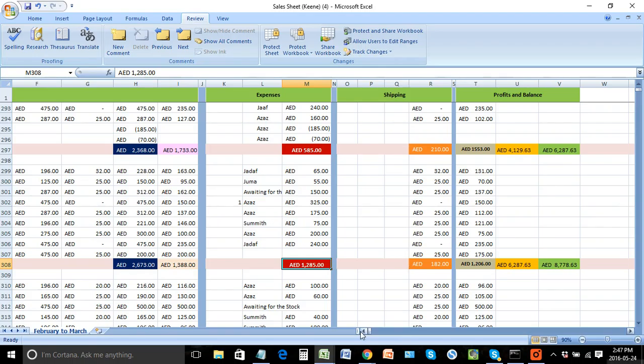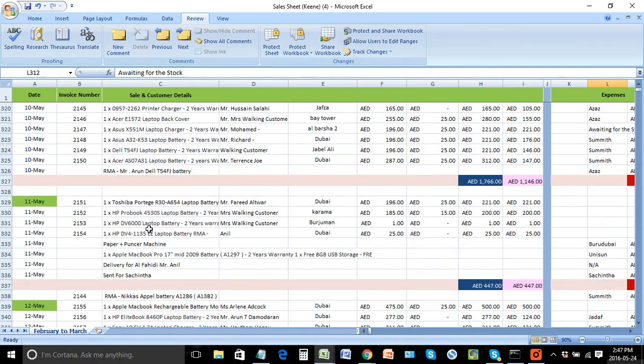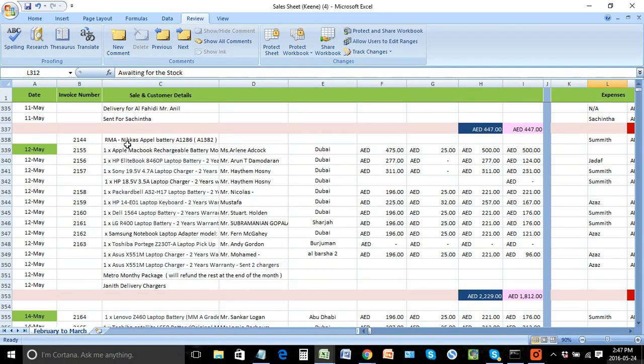Alright, so it gets worse. Waiting for stock again, and on this side it gets more confusing. If you look here, it's just crazy. You have RMA here, and you have other expenses.